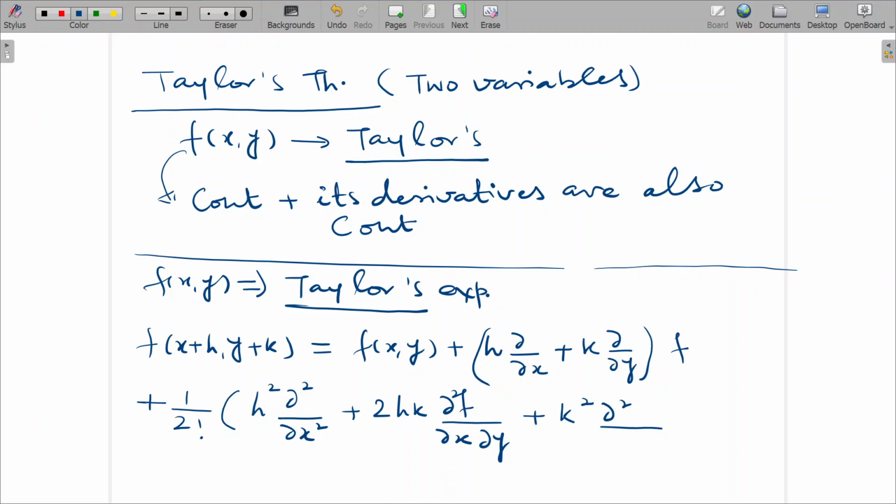So this is how we can expand it, and of course the next terms are the higher order terms of this Taylor's expansion.